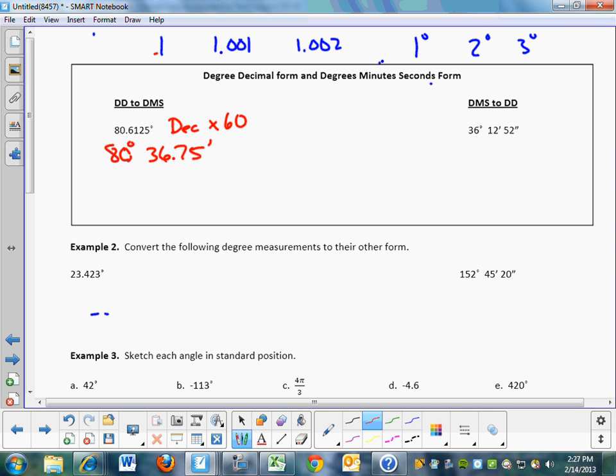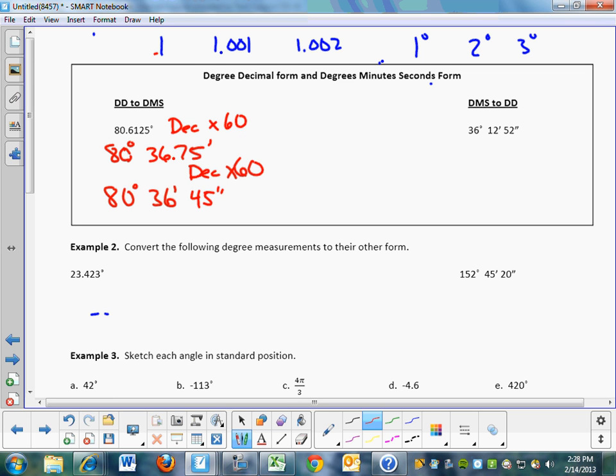That's 3/4 of a minute. 3/4 of a minute would be how many seconds? 45. And if you take 0.75 times 60, you're going to get 45. So we take the decimal, or 0.75 times 60 again, and you're going to get 80 degrees, 36 minutes, and then 45 seconds.